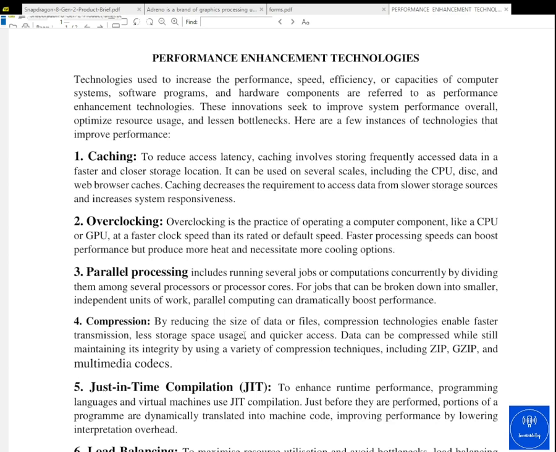So when you overclock, you actually operate the GPU or the CPU at a higher speed than it is supposed to be operated. So faster processing speed can boost the performance, but also produces more heat and necessitates cooling of the computer system. So it is important to understand that.